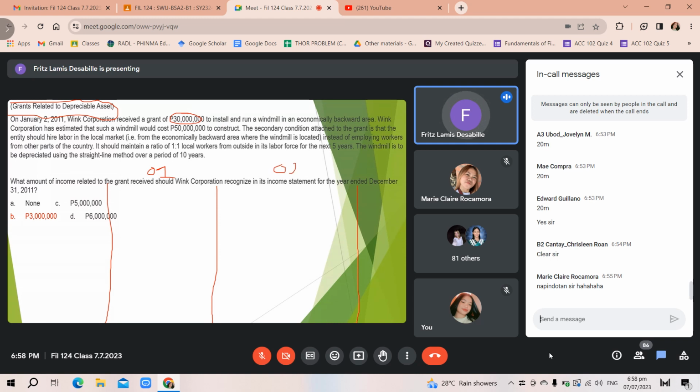Option 2, i-recognize na to siya as deduction sa cost of PPE. Now, a recording here, makadawat ta og cash na 30 million. Mag-credit ta og PPE na lang, windmill, PPE. Pero mas shorter ang PPE, 30 million.